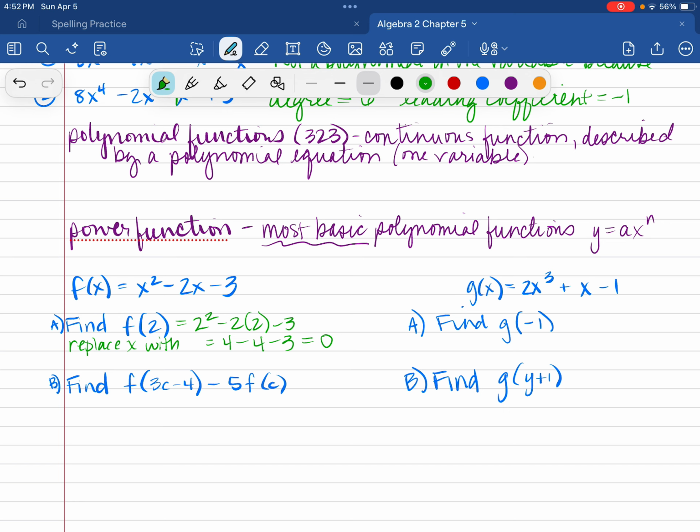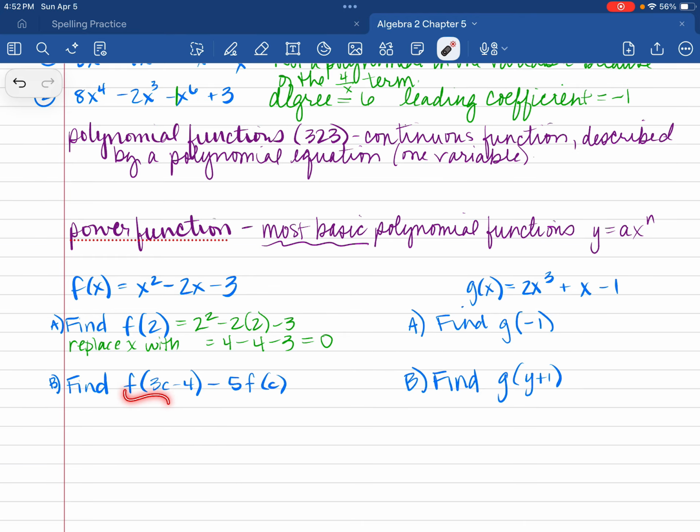Okay, for B on this one, we got a lot going on here. We are going to do two separate substitutions here. And you can kind of treat this as two separate problems. We need to figure out what this function would be, and we need to figure out what this one is, and then we're going to subtract them.